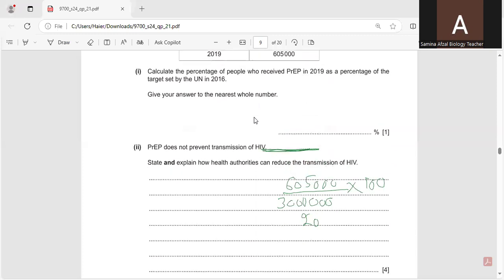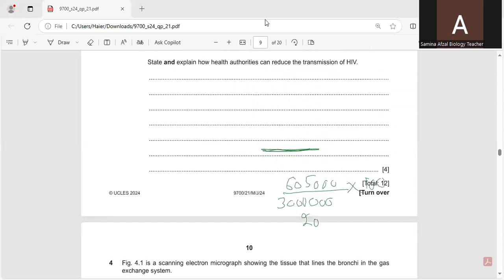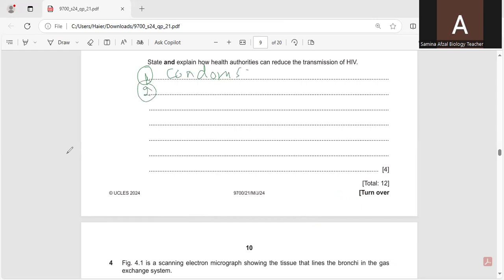The next question is: state and explain how health authorities can reduce the transmission of HIV. Transmission of HIV can be reduced by different methods. First of all, by using condoms, which can reduce the transfer of the virus from one organism to another.